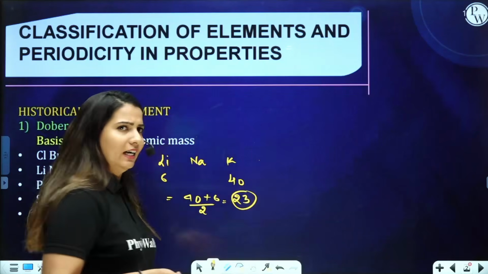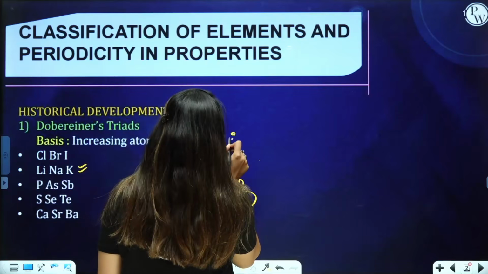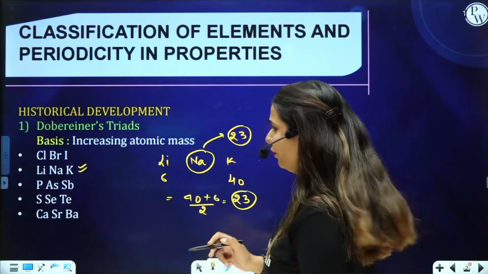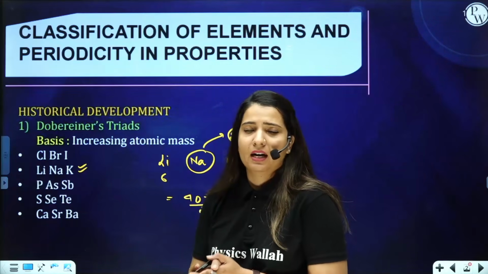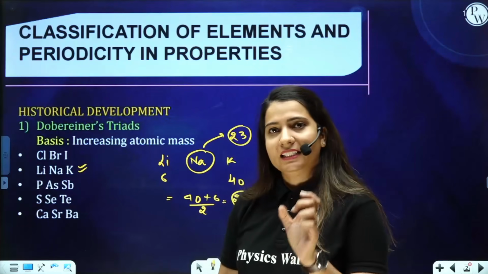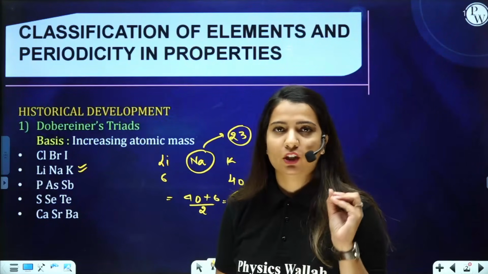And we all know very nicely that the atomic mass of sodium is 23. So we can say that if for the first element and the last element we take the sum of their atomic mass and divide it by 2, the number which comes out will be exactly the atomic mass of the second one. That was the basis of the selection of the Doberiner's Triads.